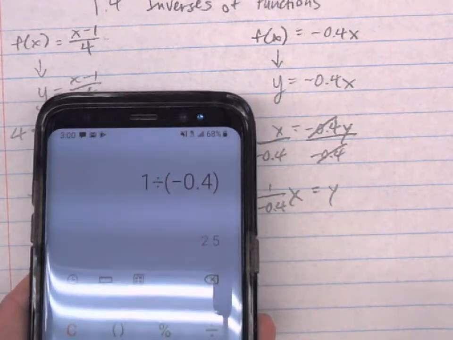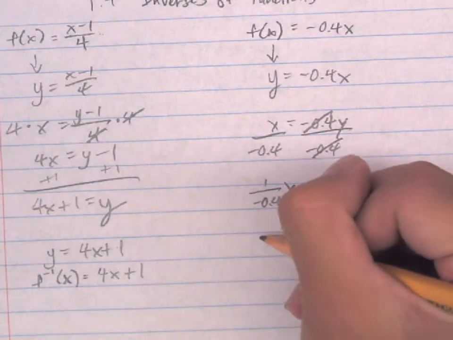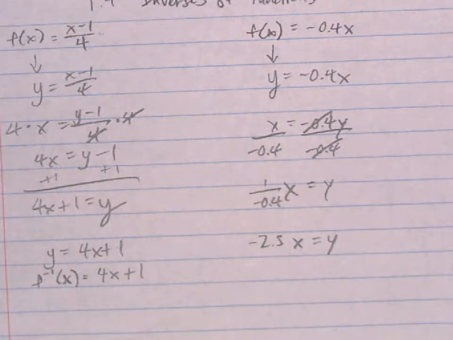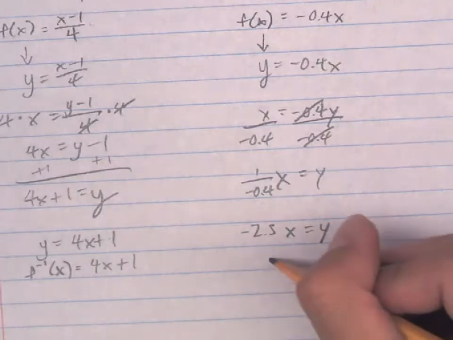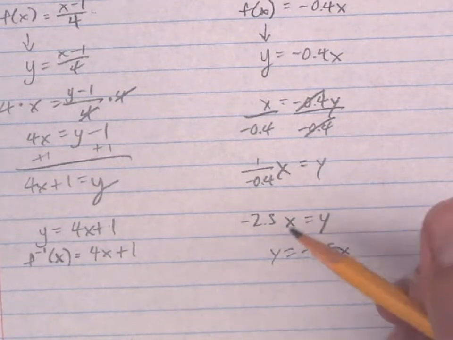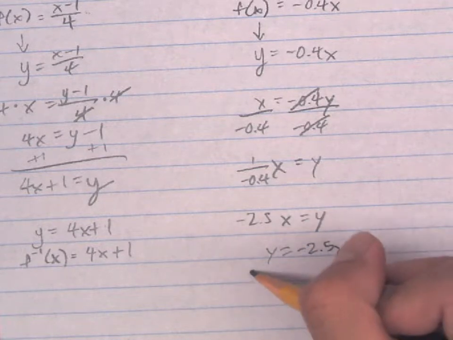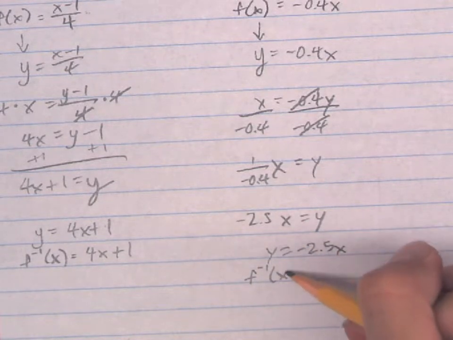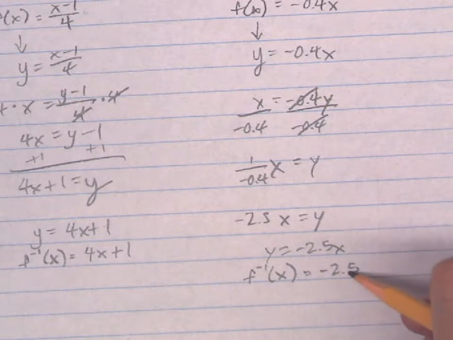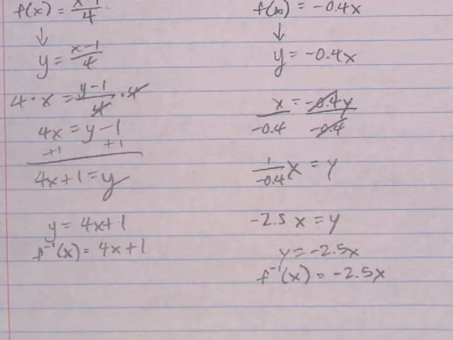So that means it's going to be negative 2.5. Okay. So this is going to be negative 2.5x equals y. So if I were to flip that around, this is y equals negative 2.5x. So now, if I want to rename y and label it the inverse of that function, it would be f inverse of x equals negative 2.5x. And that is it.